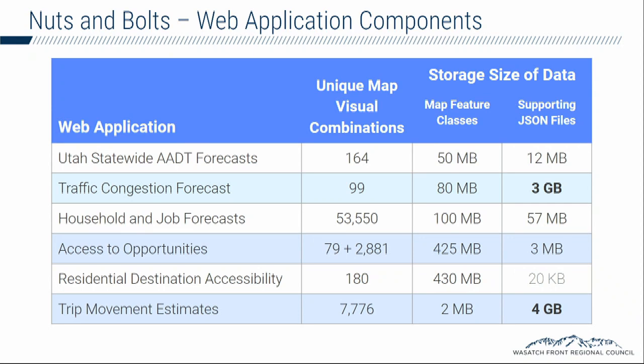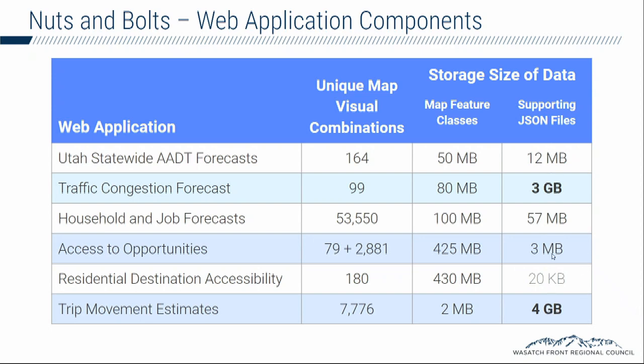And then the feature classes, this is how much data is in the feature class on ArcGIS Online. So I'm going from 2 megabytes at the lowest to like 425 megabytes. The residential destination accessibility was built off parcel data, so it was the one we didn't think would work that well, but the performance is surprising given the amount of data that's in there.